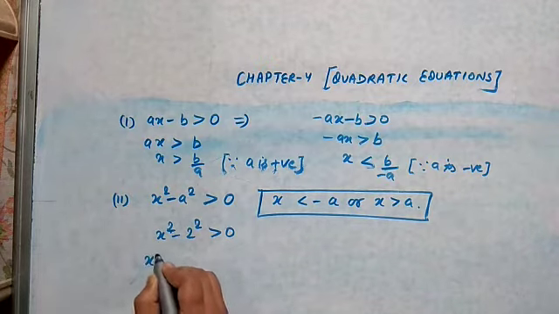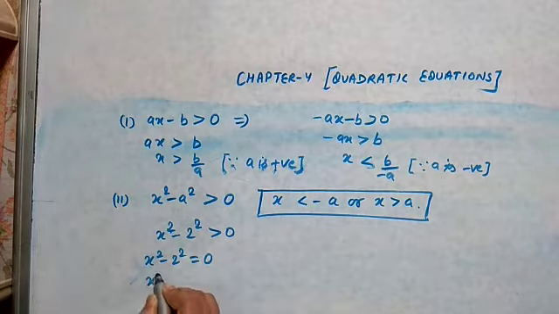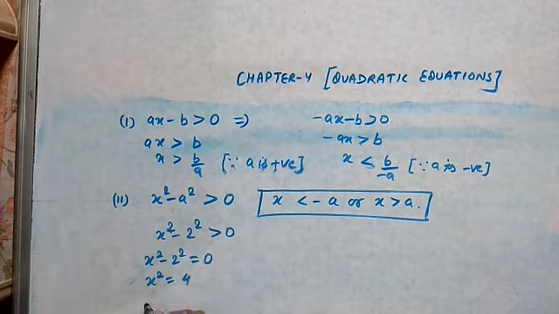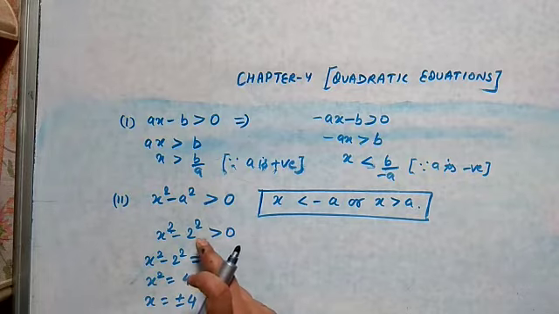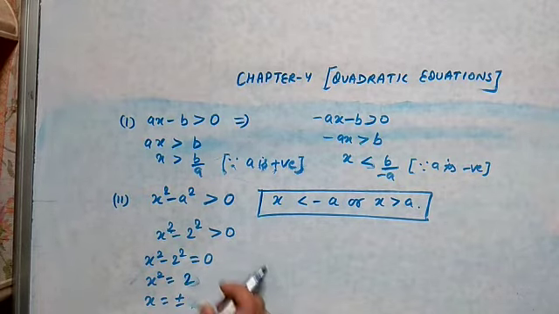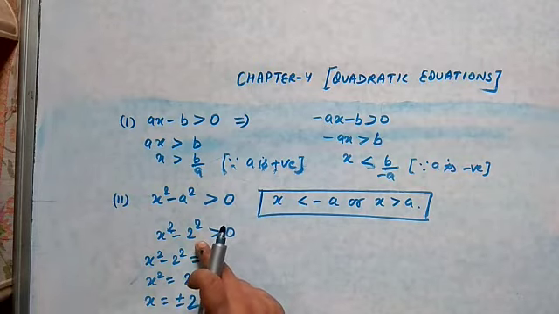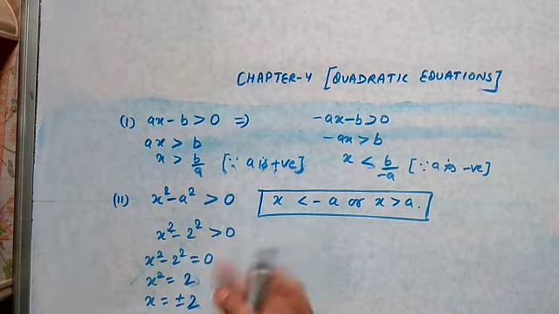Equate it with 0: x square minus 2 square equals 0. What will you get? x square equals 4. Then x equals plus minus 2. If we substitute x equals 2 or minus 2 here, we will get 0.